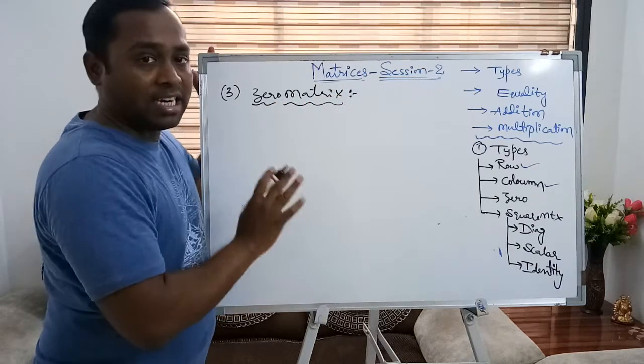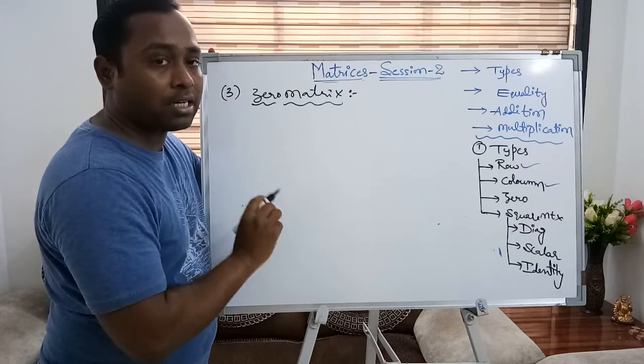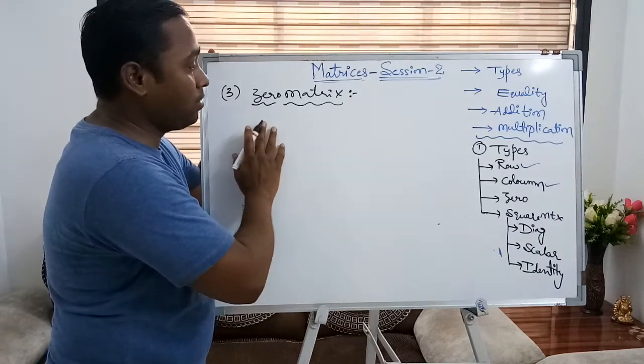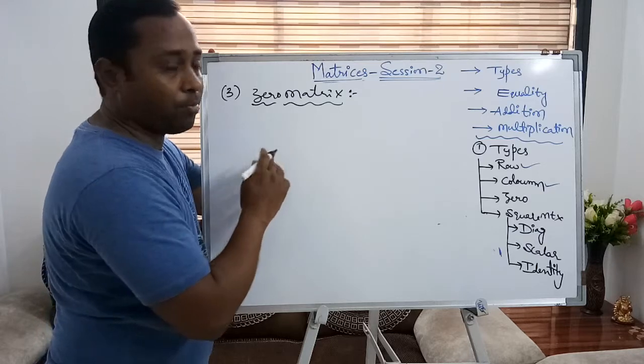If all the entries of a matrix are 0, irrespective of its order, meaning when we speak of a zero matrix, we never bother about the order of the matrix.